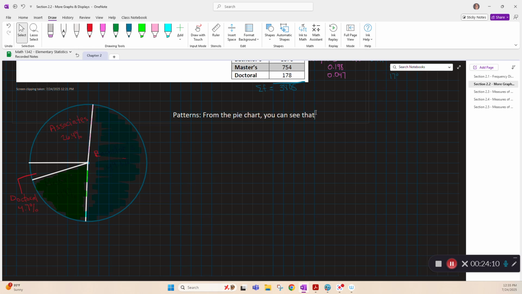You can see that almost 1/2 of the degrees conferred in 2014 were bachelor's degrees. That's something easy that we can see.